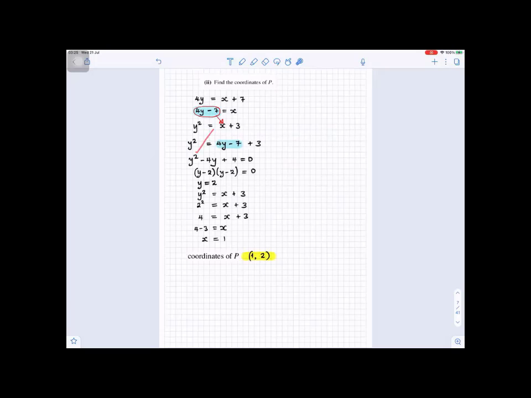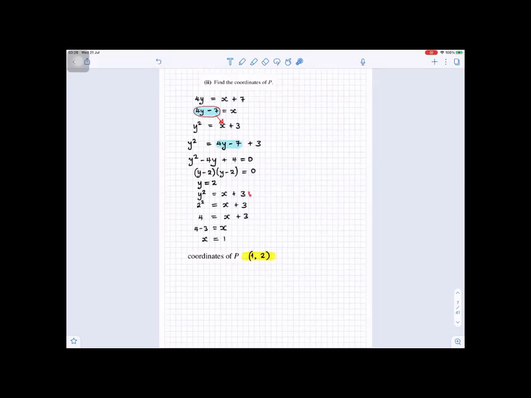So 4y goes to the left, it becomes minus 4y. Minus 7 plus 3 is minus 4, and you take it to the left, it becomes plus 4. You factorize: (y minus 2)(y minus 2) equals 0. So y is equal to 2.